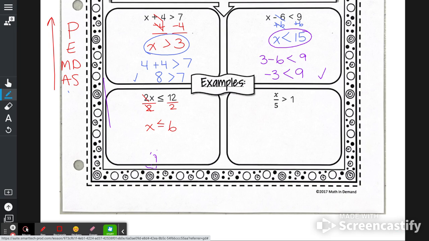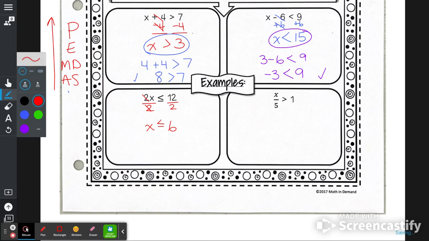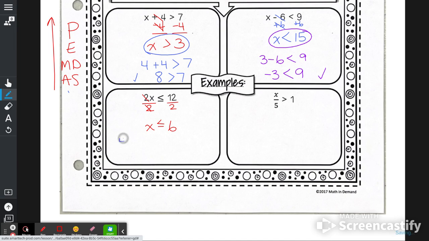How can we check this? Any number less than 6? Give me one. 4. Okay, let's check it. I'm going to erase this real quick. You said 4, so I'm going to plug this in here. I'm going to say 4 times 2.